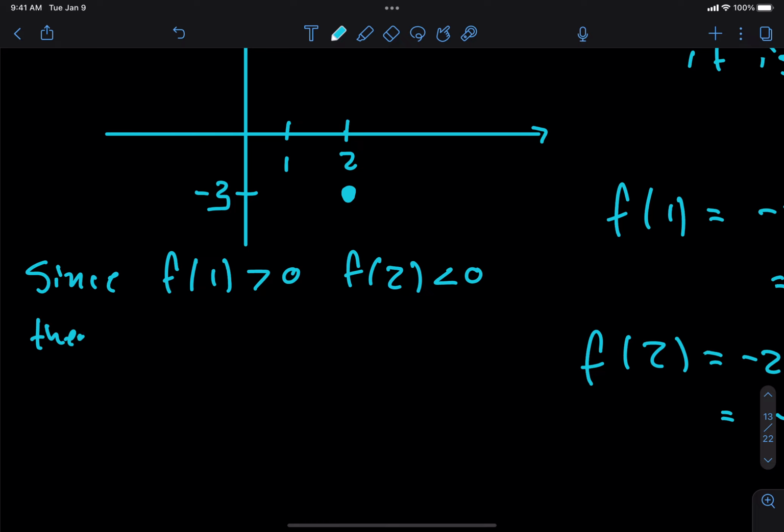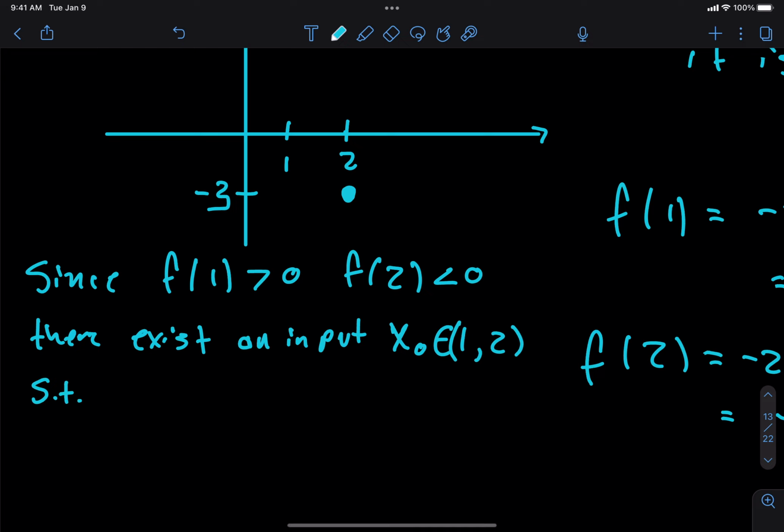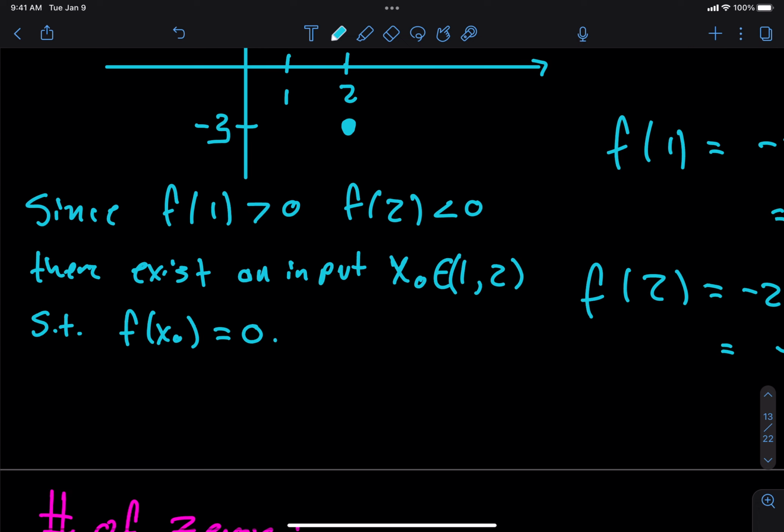There exists an input x naught, which is between 1 and 2, such that f of x naught is equal to 0, by the intermediate value theorem.